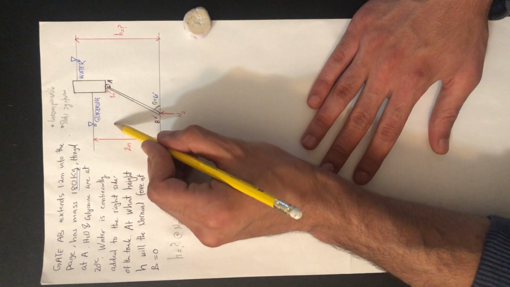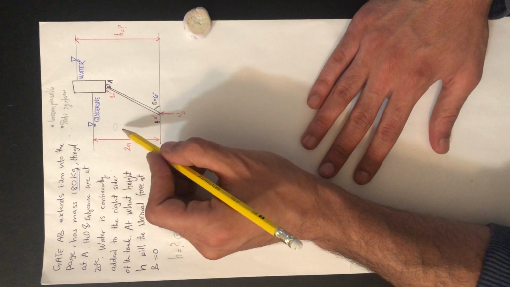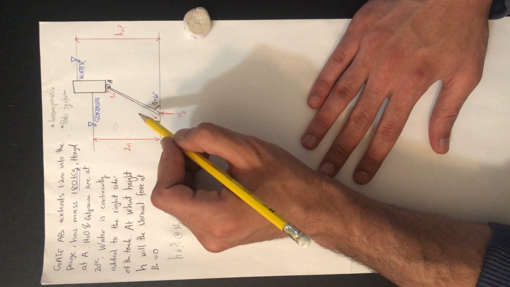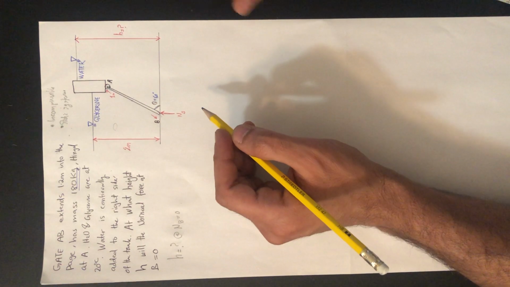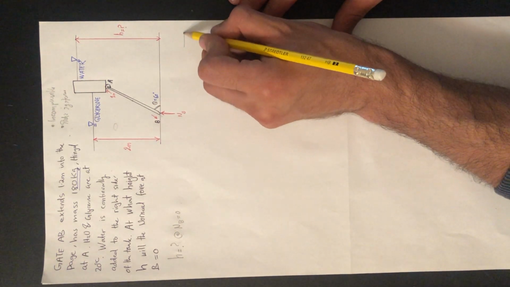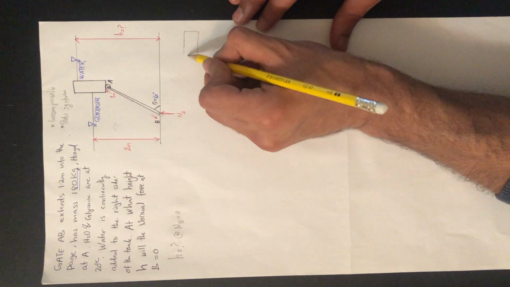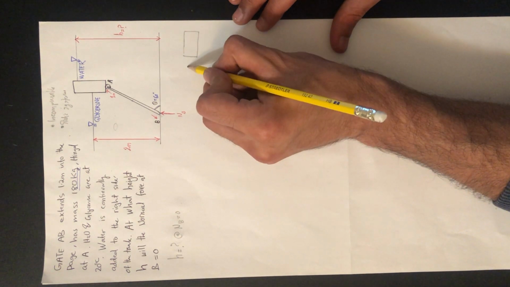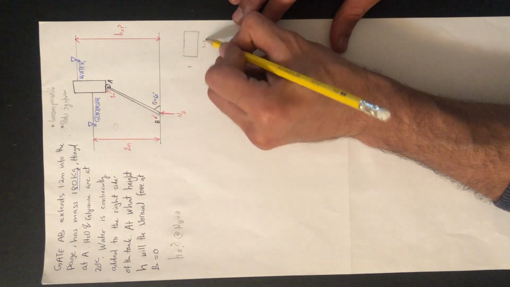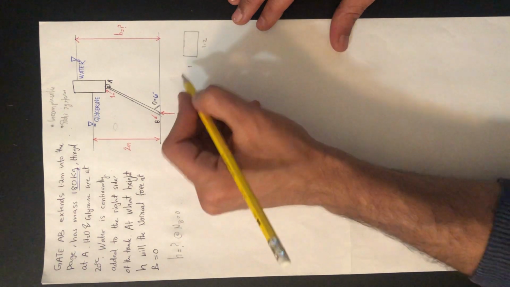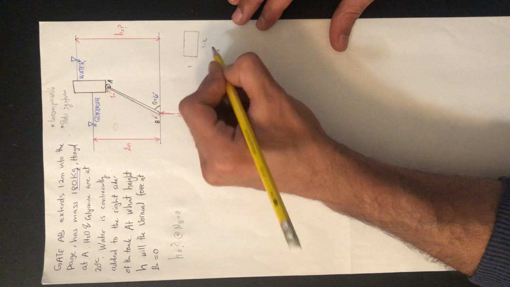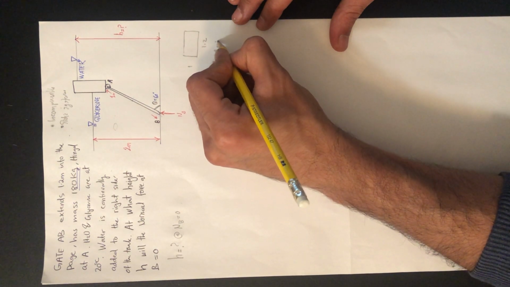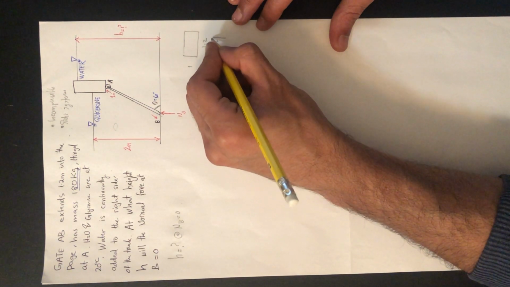So if there was an eyeball, we would view the gate from this angle and it would look something like this. So our area is 1.2 times 1, which is just 1.2 meters squared, the area of the gate.